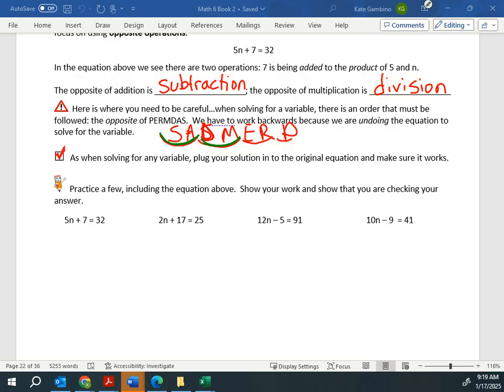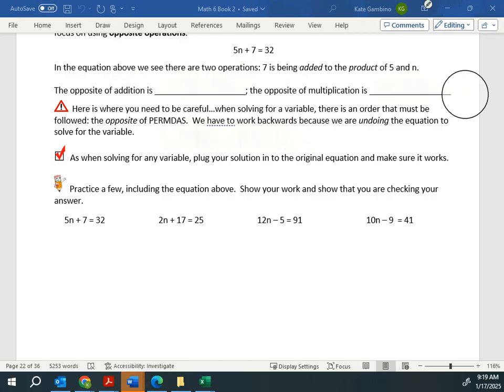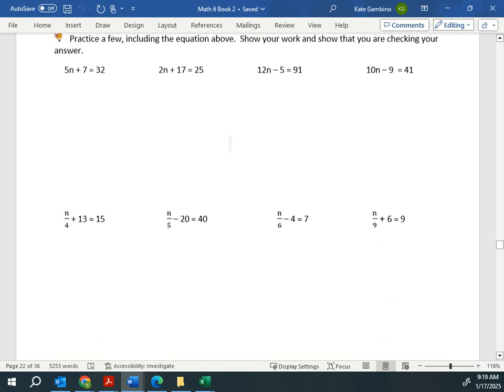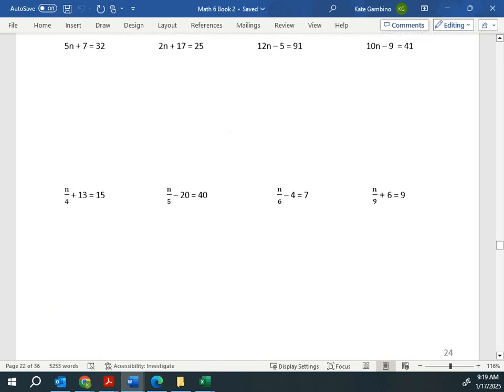So we're going to practice that equation up at the top, 5n plus 7 equals 32. It's going to be the first one that we're going to practice doing SADMER. So let's see what it looks like and let's see the way we're going to solve it. What do you think is my first step? Knowing what we now know about SADMER and opposite operations, what's the first thing I need to do, James?